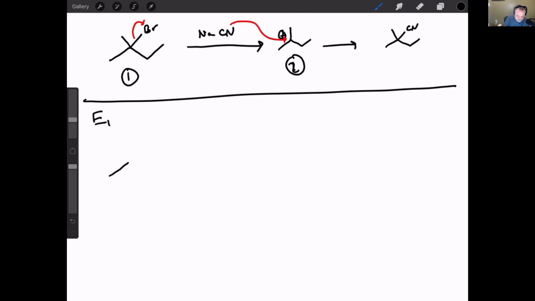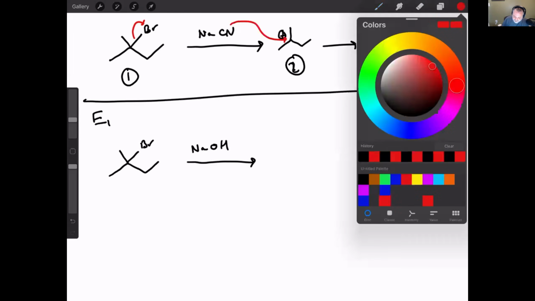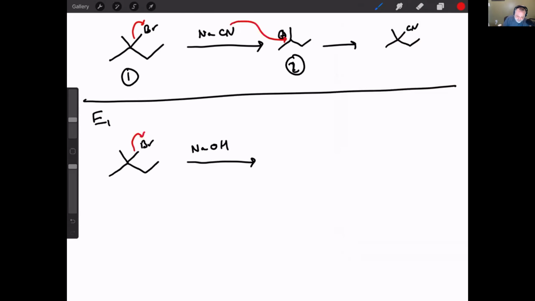If I use the same substrate, but instead of sodium cyanide, I use sodium hydroxide, I get the same 1st step. Remember, because the E1 and SN1 mechanisms have that 1st step in common. So I'm going to use that 1st step to do the loss of a leaving group.